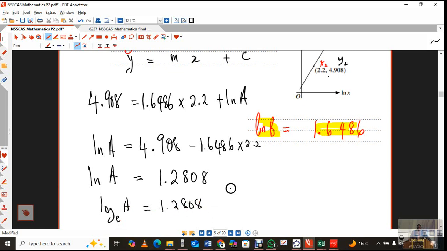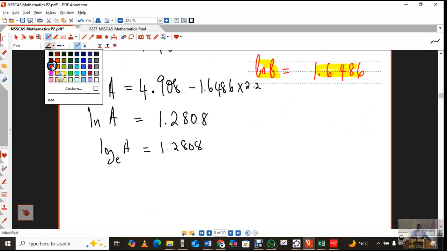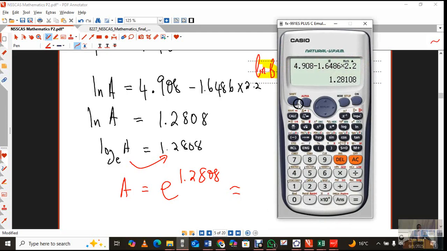Sometimes it's helpful to do this. You're going to say e raised to that to find the value of a. It will be e raised to the power of 1.2808, which roughly will give me the value of a. So use the calculator, e raised to the answer.